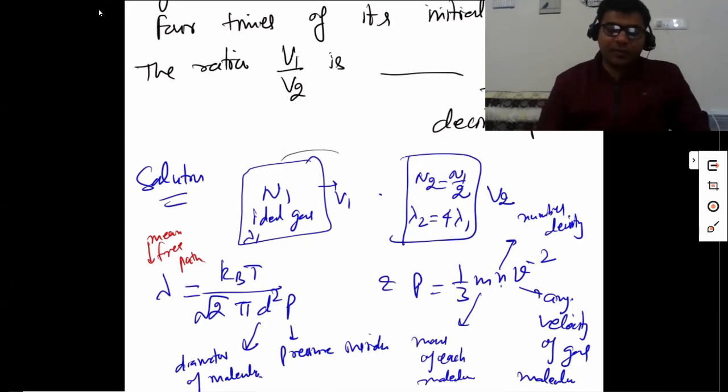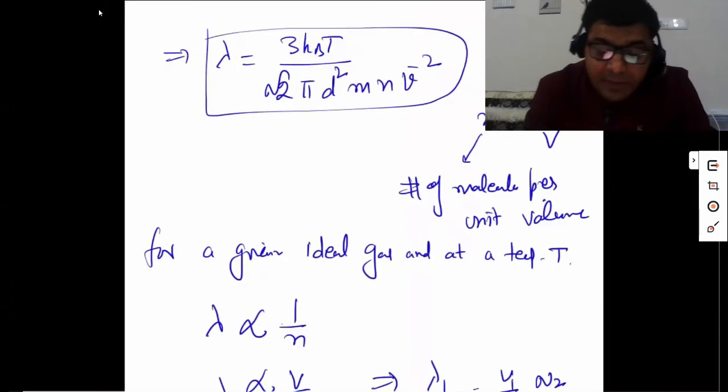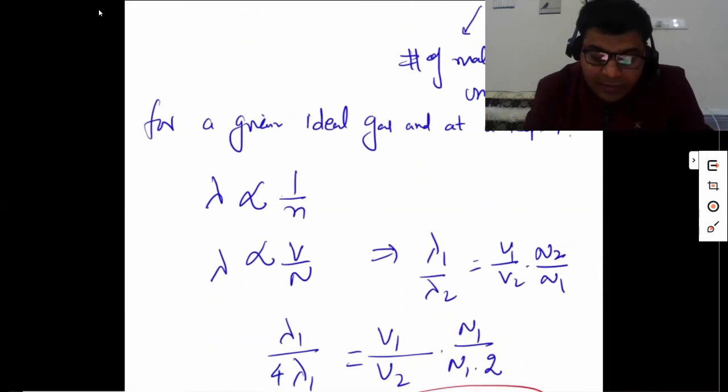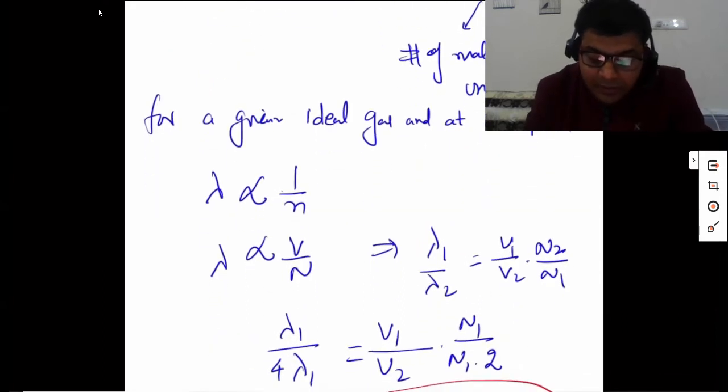If we substitute the value of P back into the formula of lambda, we get an expression which tells you that for a single ideal gas at a particular temperature, lambda is inversely proportional to n, the molecular density, because the rest of the things are constant for a given gas at a given temperature. Now n can be written as capital N by V. So lambda 1 by lambda 2 is V1 over V2 times N2 by N1.